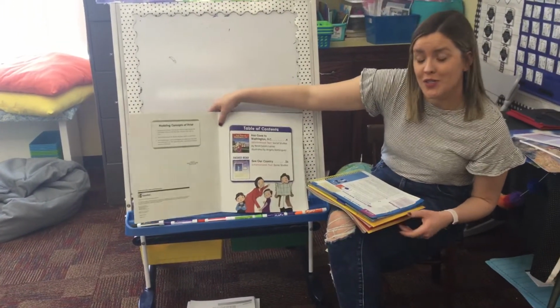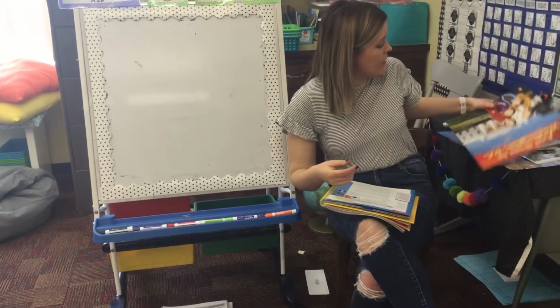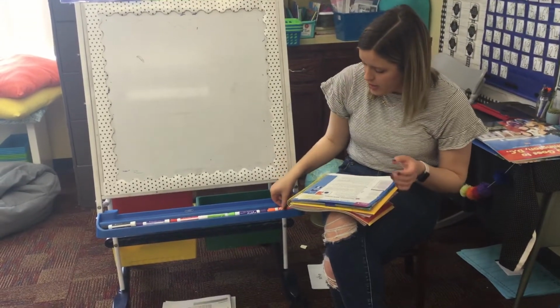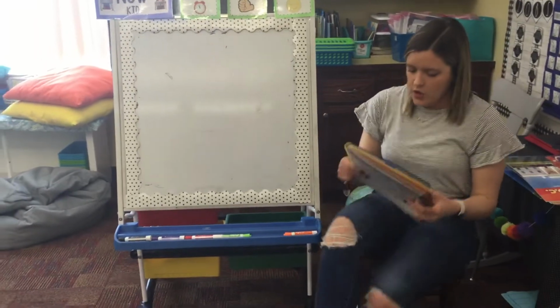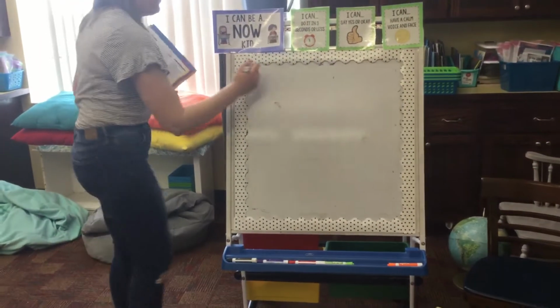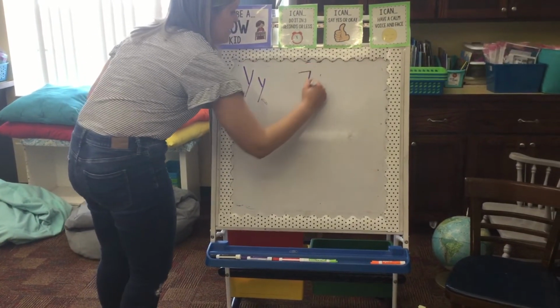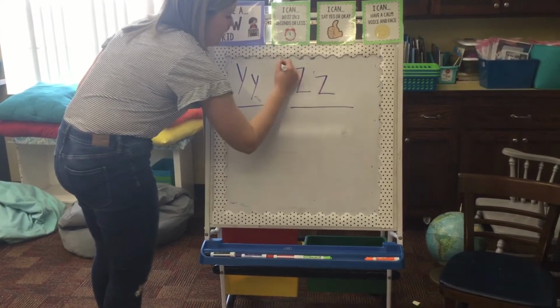So we are going to go ahead and switch gears a little bit, and we are going to talk about two letters. We are going to talk about the letter Y and the letter Z. All right.